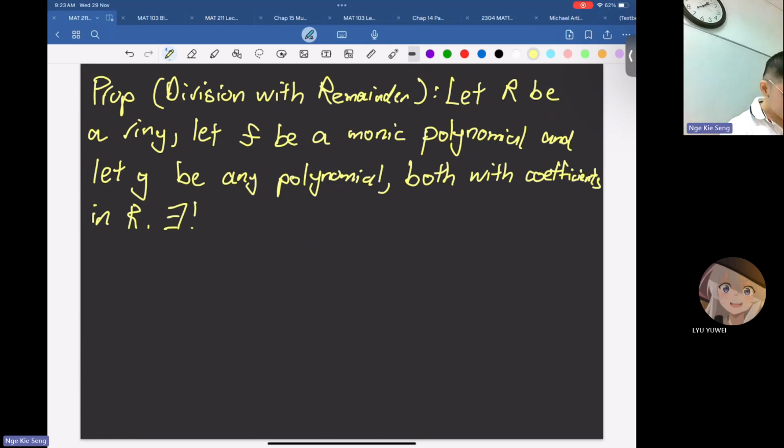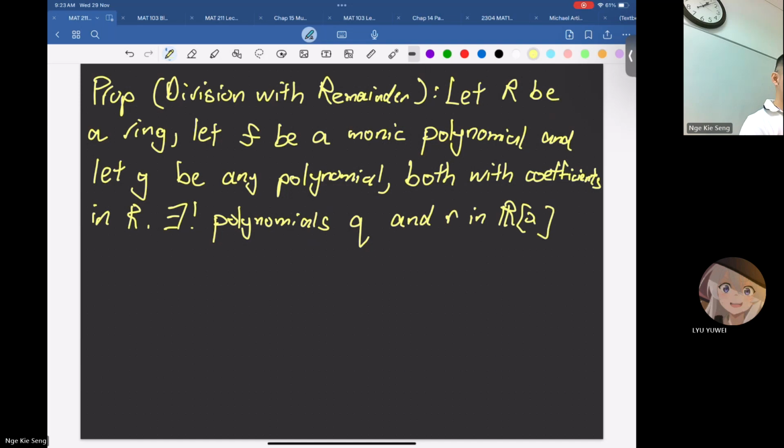So what's the result? I have a ring, I have a monic polynomial, I have any polynomial. What am I going to do with these three things? There is a unique pair of polynomials, let's call them Q and R. Q refers to the quotient, R refers to the remainder.